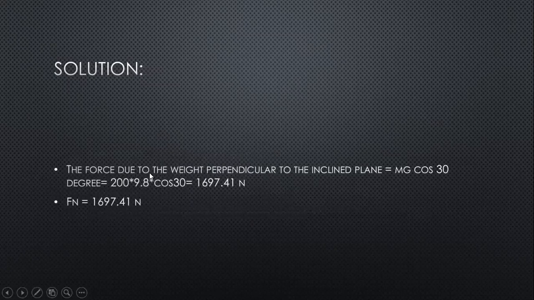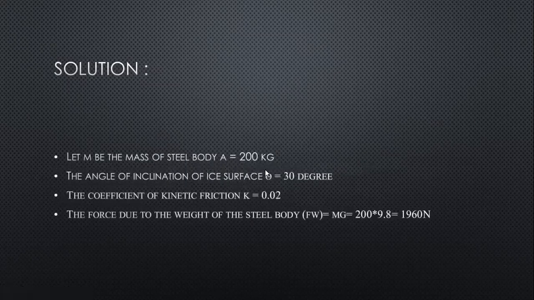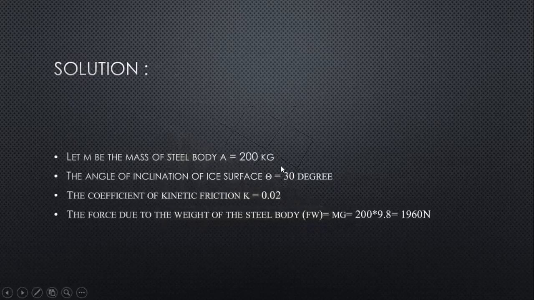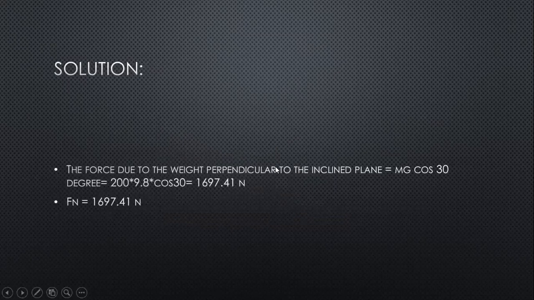Now find out the normal force, Fn. The force due to the weight acts perpendicular to the inclined plane, so we want to calculate the normal force from the given figure. The force acting perpendicular, normal to the direction of the applied force, is the normal force Fn. We calculate the normal force due to the weight acting on the inclined surface: mg into cos theta.